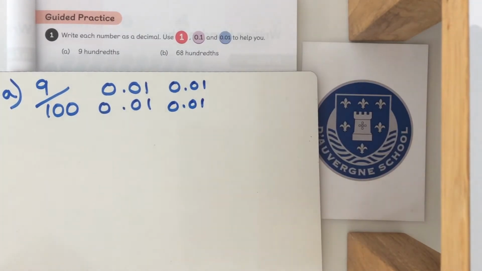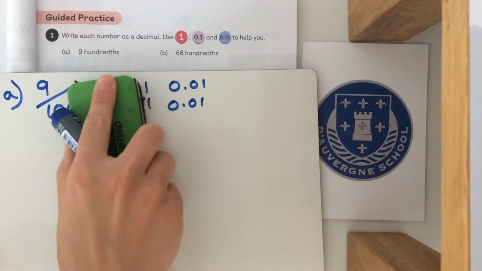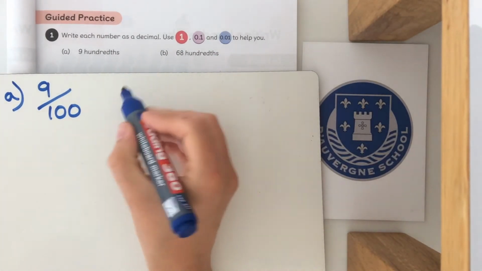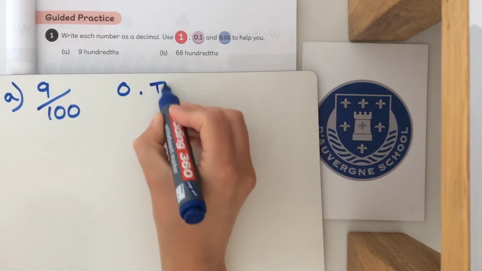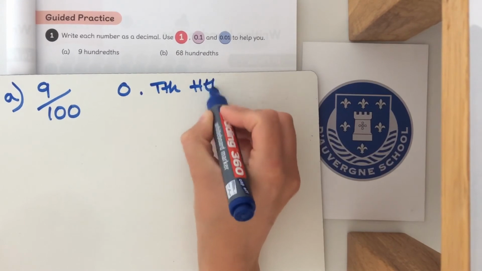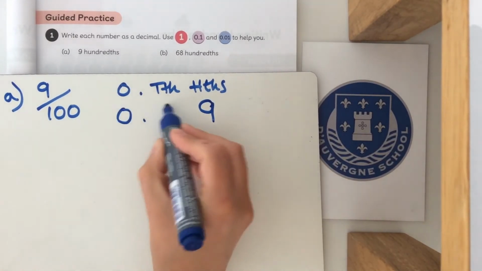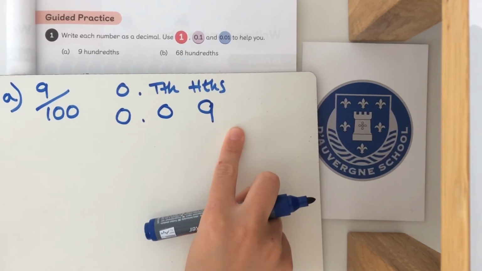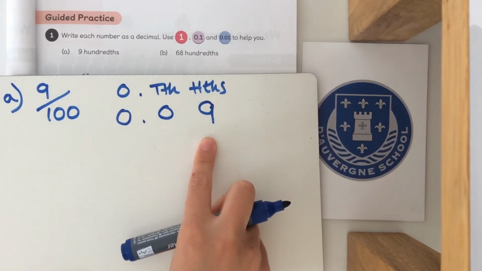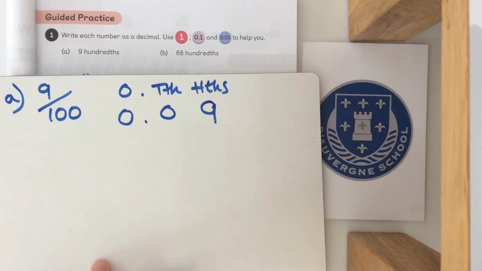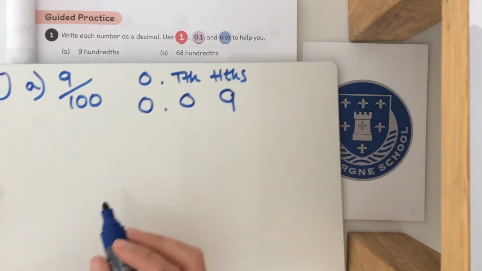I could keep going, but I'm not going to. 9 hundredths in our place value column would be, the 9 goes in there, and then we backfill our placeholders. Okay, so 0.09 is 9 hundredths, because we haven't got any other numbers to fill in. Okay, so 0.09 for A.